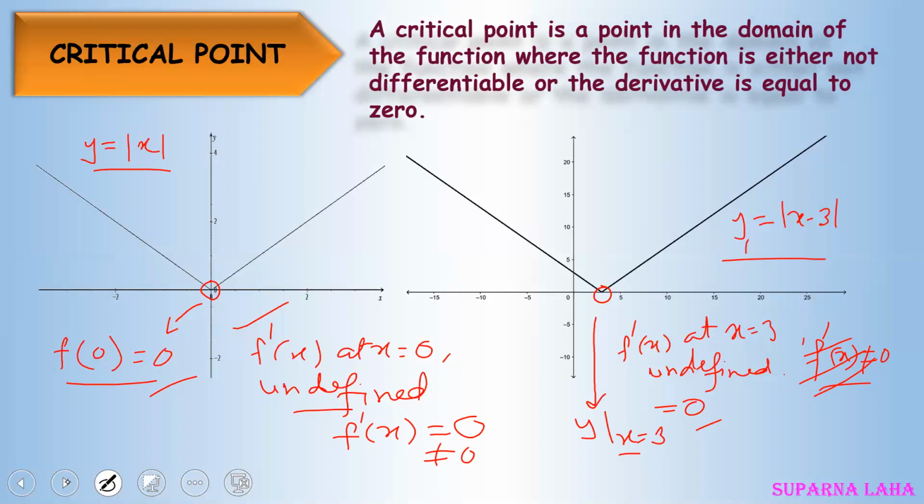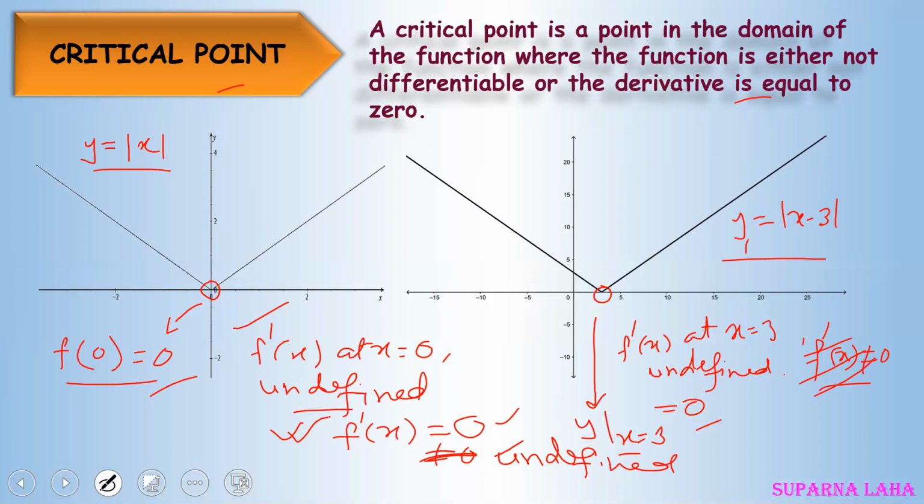A critical point is a point in the domain of the function where the function is either non-differentiable or the derivative is equal to 0. So in both the cases, we call this point a critical point. So every stationary point, we can say, is a critical point, because in every stationary point, f dash x is 0.